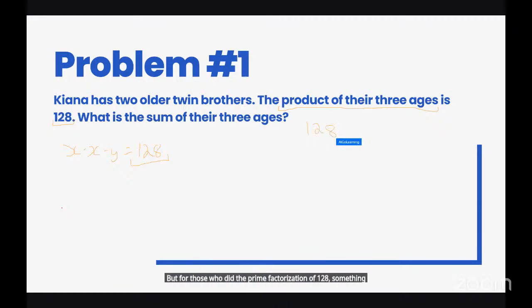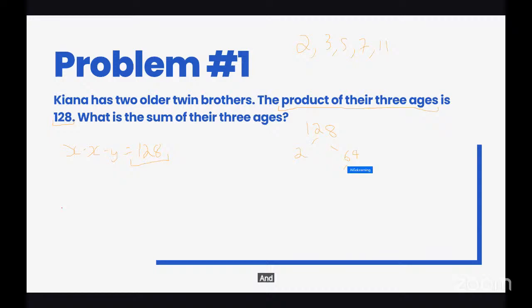For those who did the prime factorization of 128, let's just do it. Based off our prime numbers 2, 3, 5, 7, 11, 128 is an even number, so you can go 2 and 64. And 64 is another even number, so you can go 2 and 36. And 36 is another even number, so you can go 2 and 18.